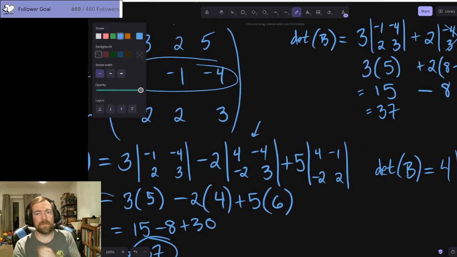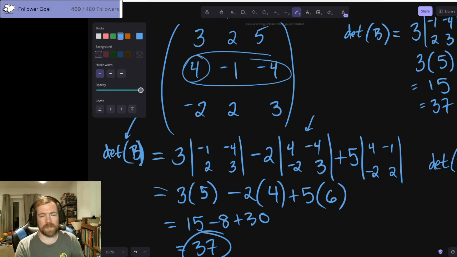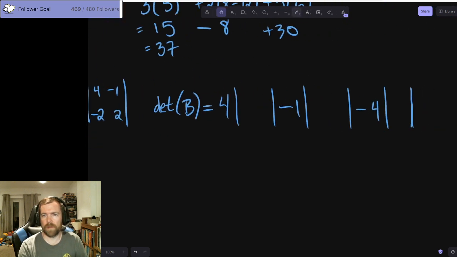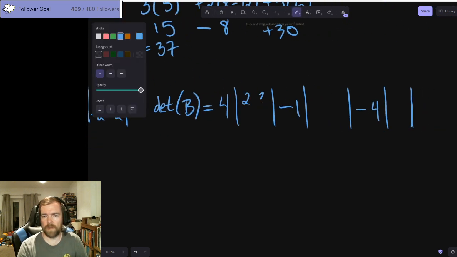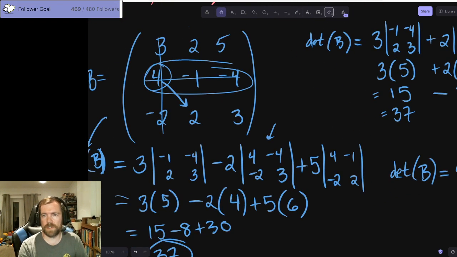Okay. So the way I'm doing this is I'm saying, okay, we're going to start at 4 as our pivot element. We're going to cross out all the stuff in its row and column, and then the top left corner of this matrix is going to be that 2. So 2, 3, 2, 5. Okay, -1, same deal.